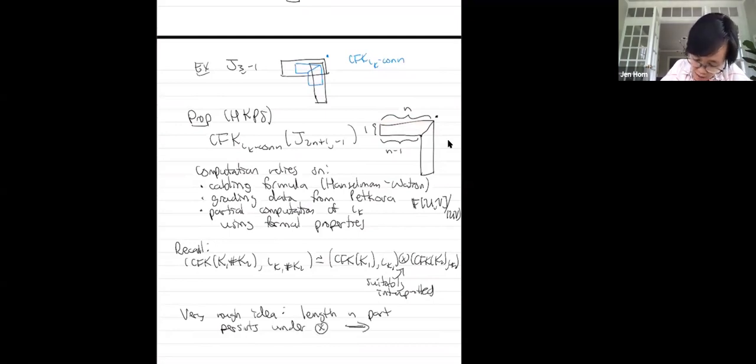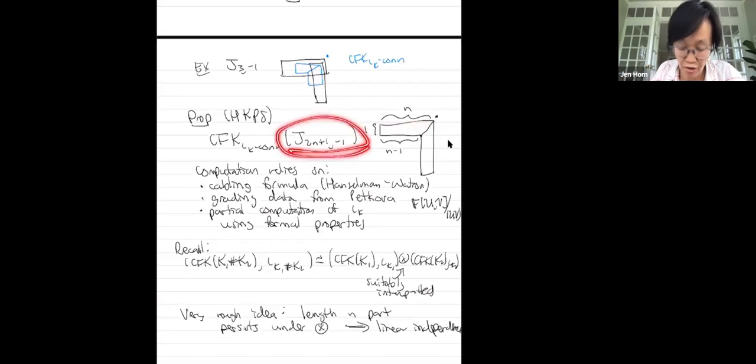And that's what gives us linear independence. You do this tensor product and you see that these length n things stick around, and then you can show that this family of things is linearly independent. So that's the main idea of the proof.